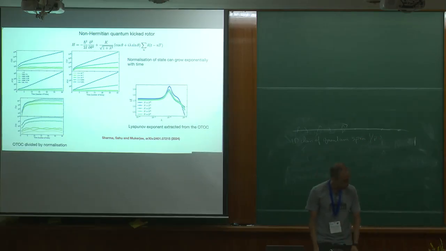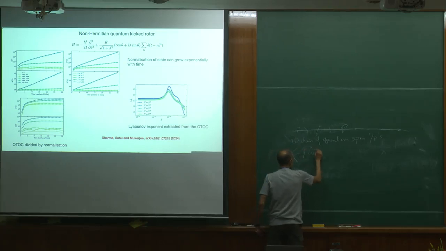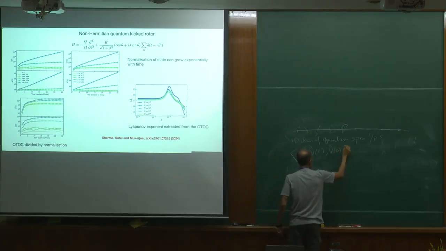And so what we're going to do is look at what the OTOC does for a system like this. And again, the OTOC, and I shouldn't have erased what I'd written earlier, is the expectation value of the square of this kind of commutator.